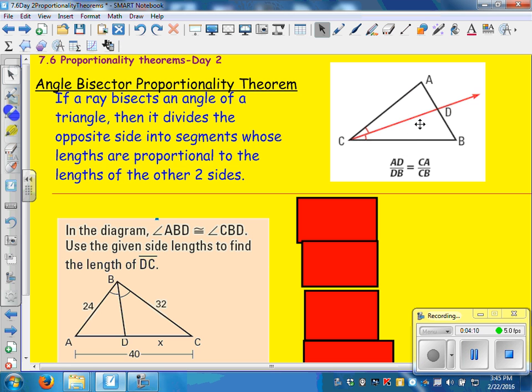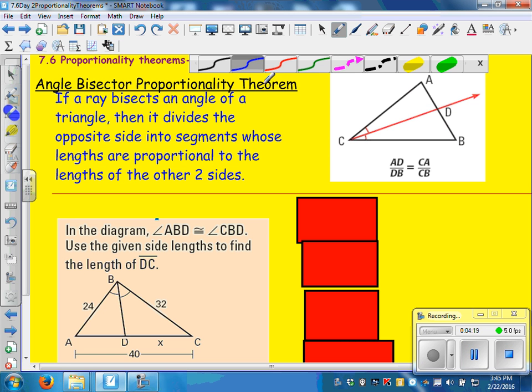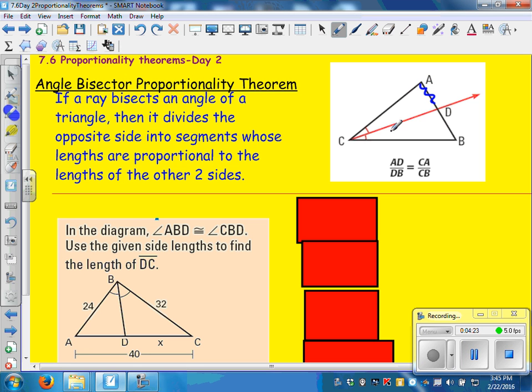So when I look at this particular picture, triangle ACB, and I've used segment CD as an angle bisector, this particular problem states that AD, which I've highlighted here, as a ratio over DB is going to be proportional to CA over CB.